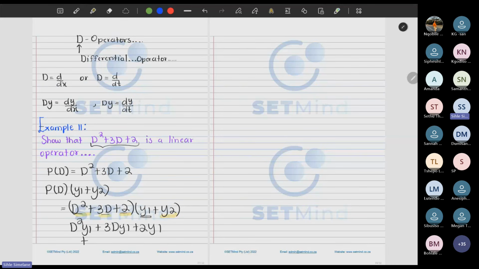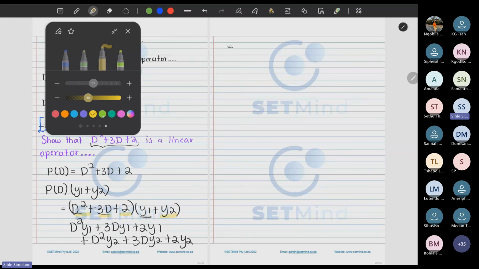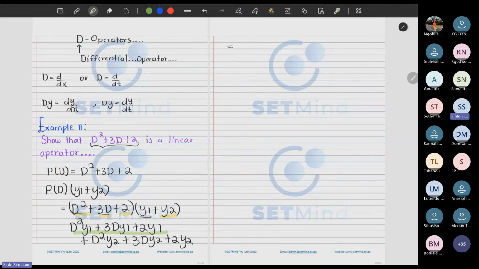on every term which is here, which becomes D squared y2, then plus 3D y2, and then plus 2 times y2. If you observe carefully what has happened there, when you now look at this part here, you can see that what we have is just P of D of y1.